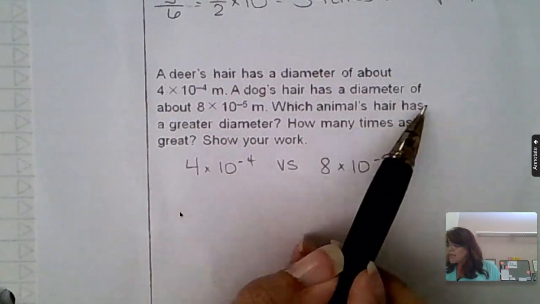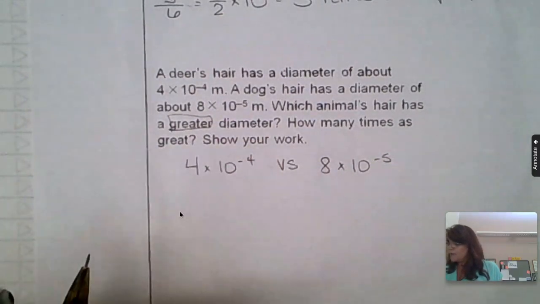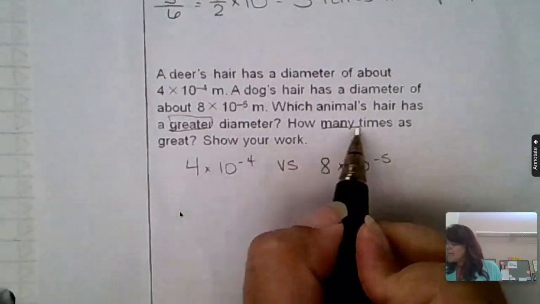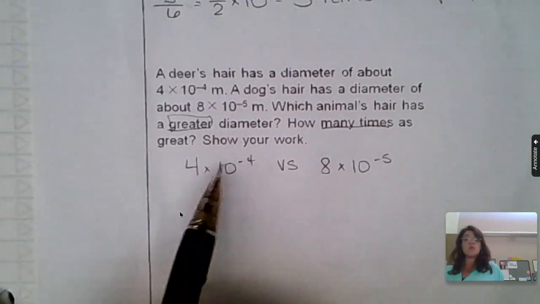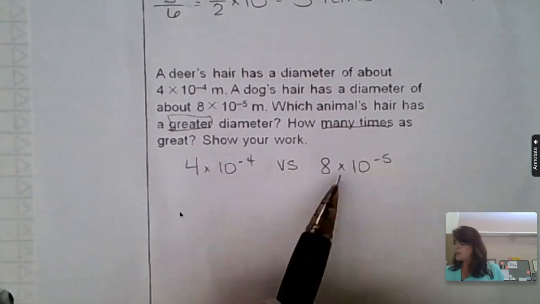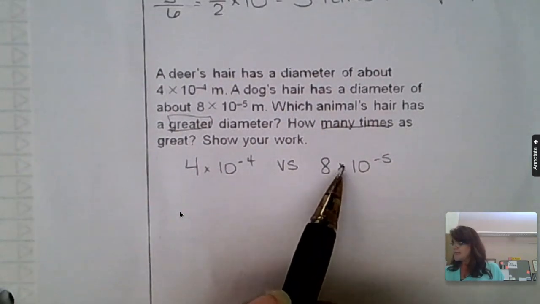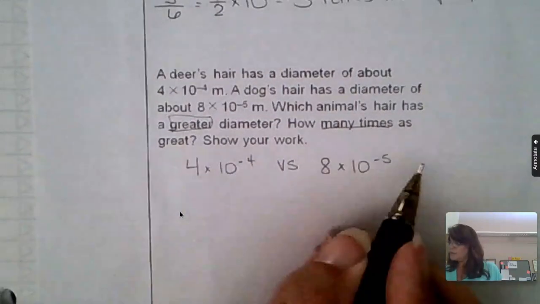Which animal's hair has a greater diameter? How many times as great? So this one is 4 times 10 to the negative 4th power. This one is 8 times 10 to the negative 5th power. Okay?